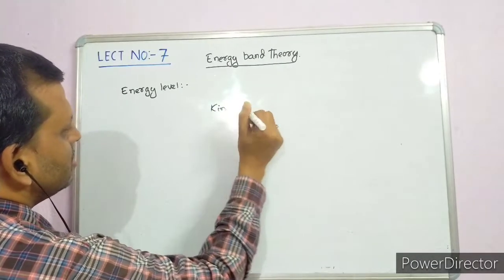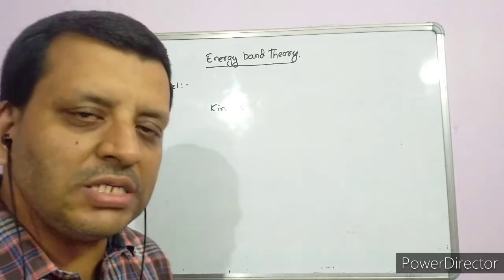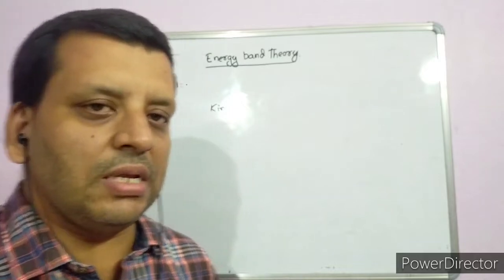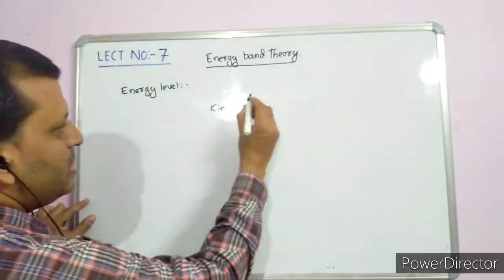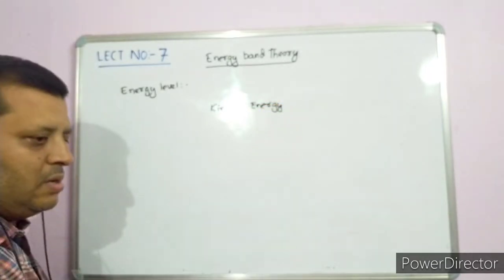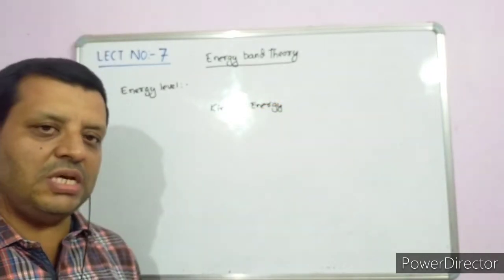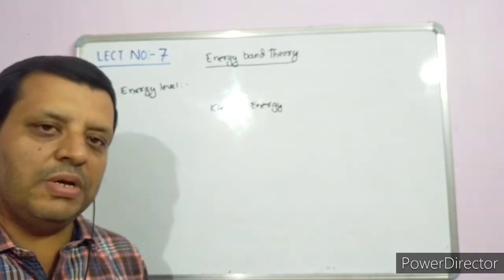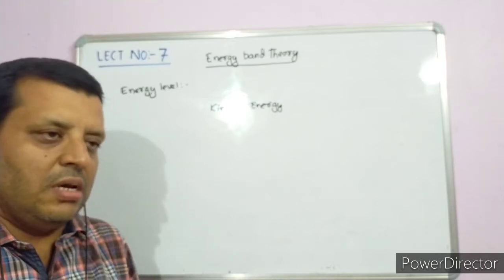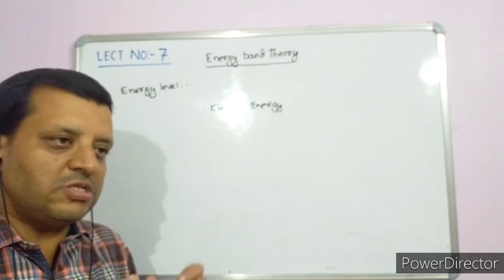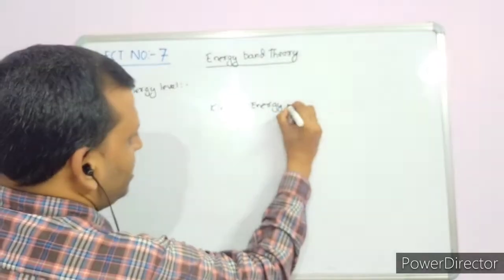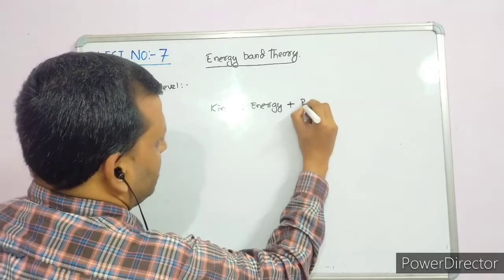The kinetic energy is due to the movement of the electron, and the potential energy is due to the force of attraction between the electron and nucleus.